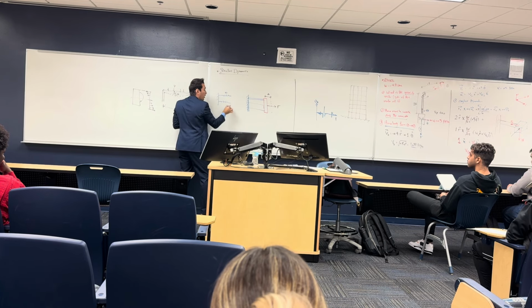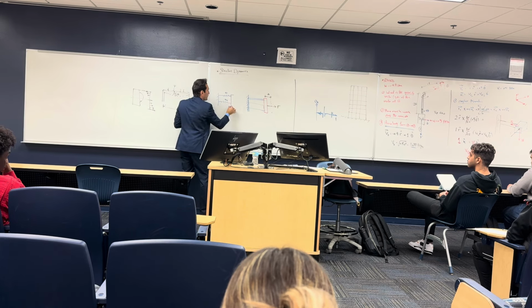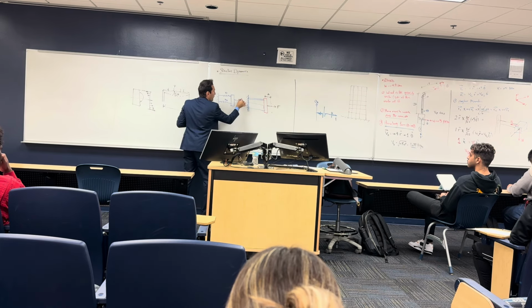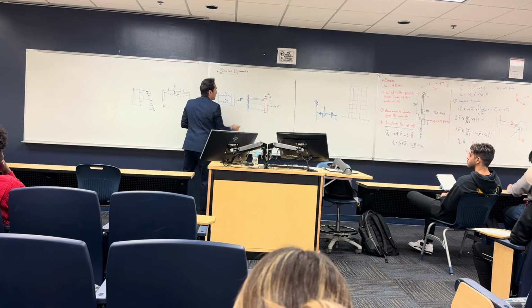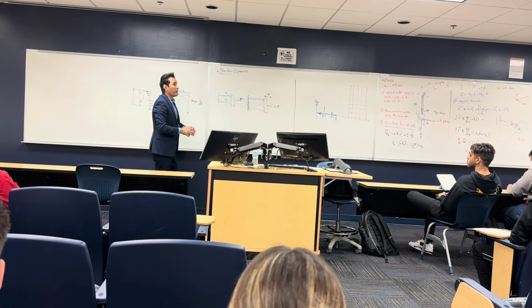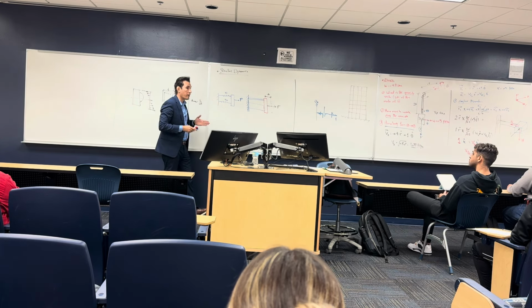This one has K1, we call this axial stiffness, and this one has K2. Both of them are attached to a rigid body, and we have a force F, this way, okay? We call this springs in parallel. So those two are in parallel.